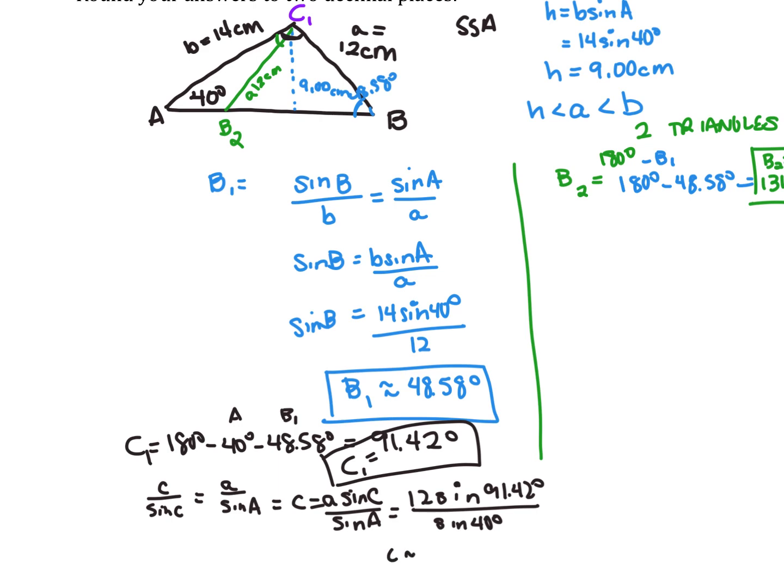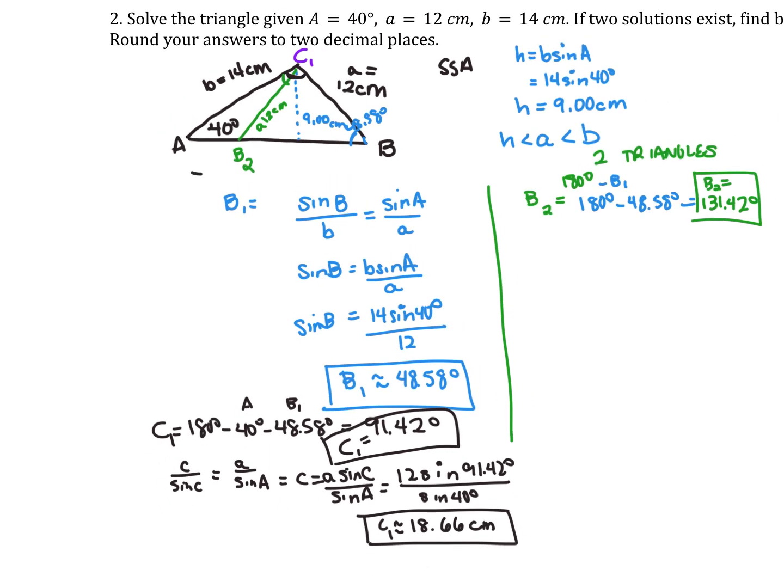Plug it in a calculator. The side C sub 1 is 18.66 centimeters. So that is our first triangle. So this is C sub 1, this distance right here.